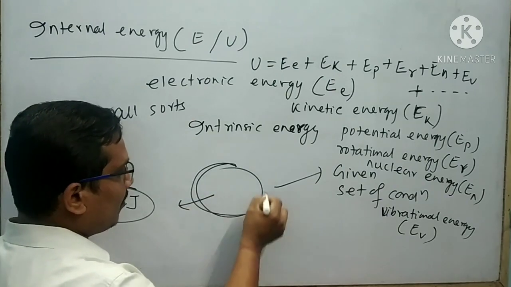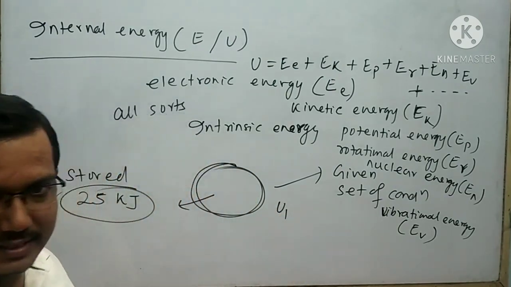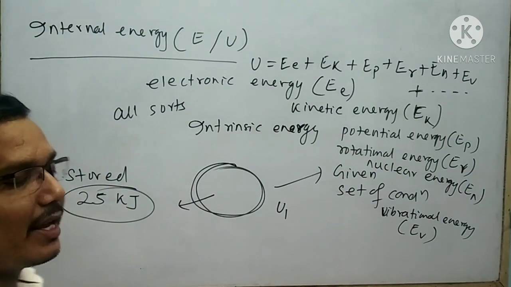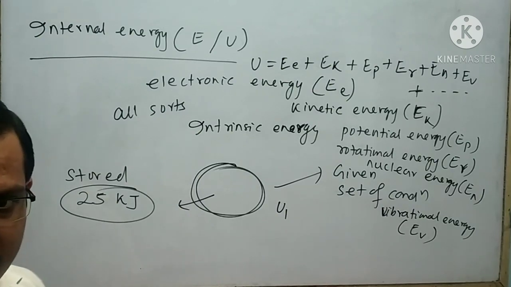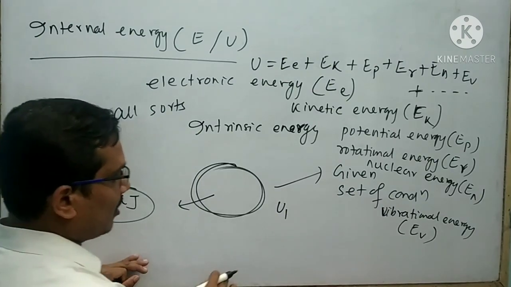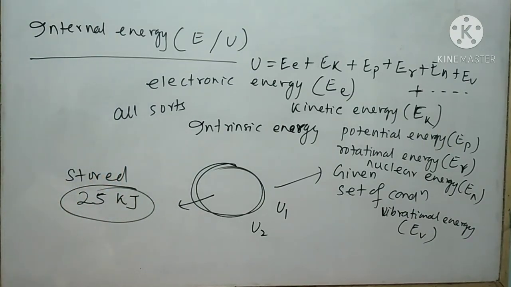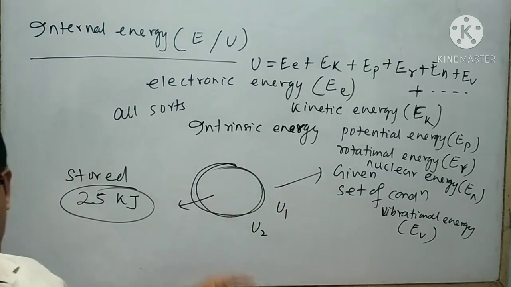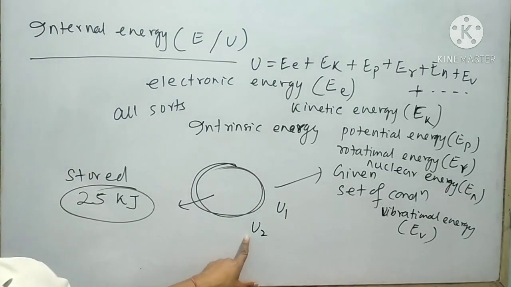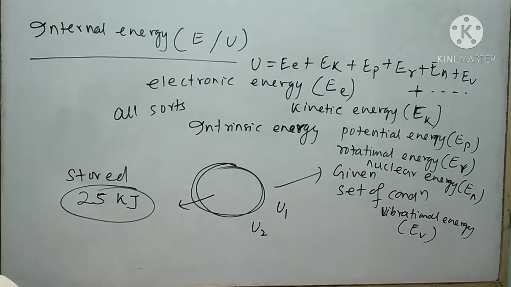Suppose a system has internal energy U1 at the initial state. After applying a thermodynamic process, the state of the system changes. At that condition, suppose U2 is the internal energy. That means U1 is the internal energy of the system at the initial state, and U2 is the internal energy of the system at the final state.